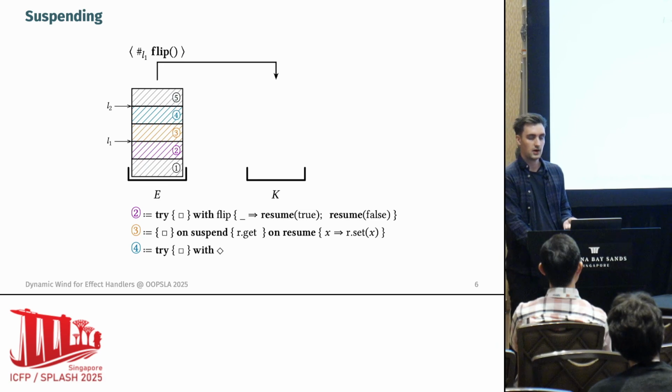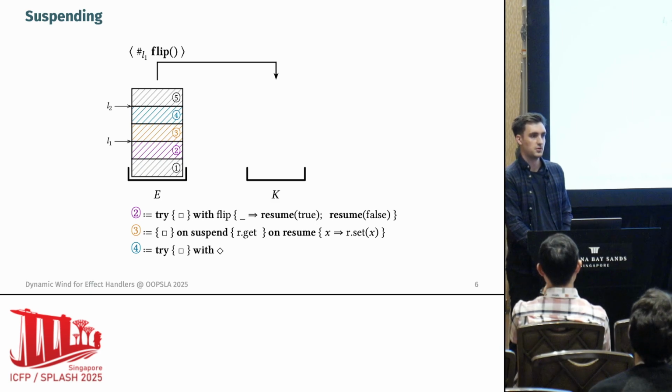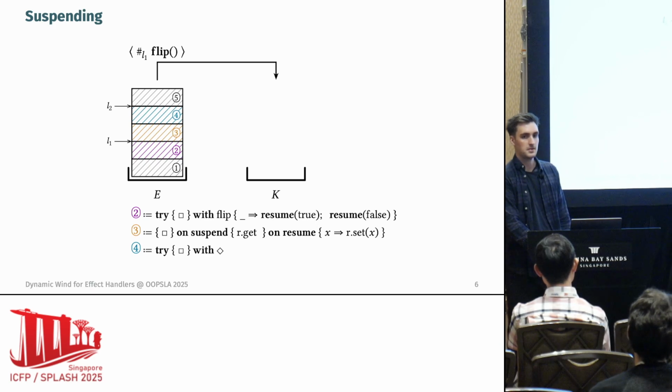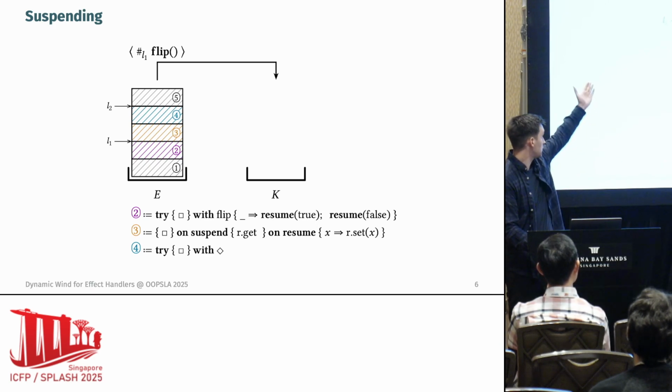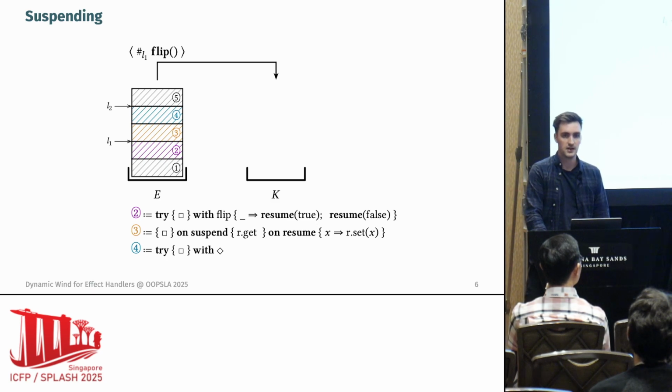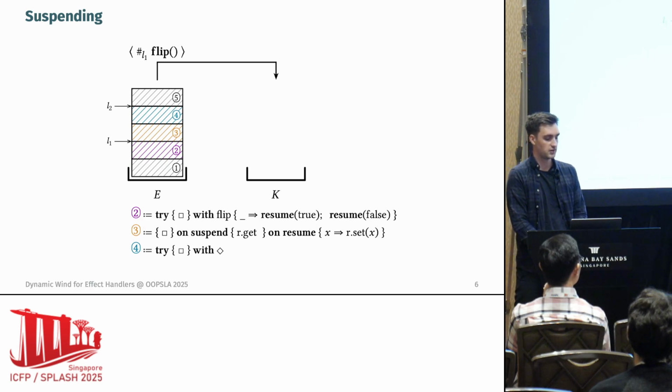So that means we need to unwind the stack and find the corresponding handler. And because we are using lexical effects, we know exactly what handler we are looking for. So it's the label L1 or the prompt L1. So that means we have to unwind the stack until we reach the stack with number 2.